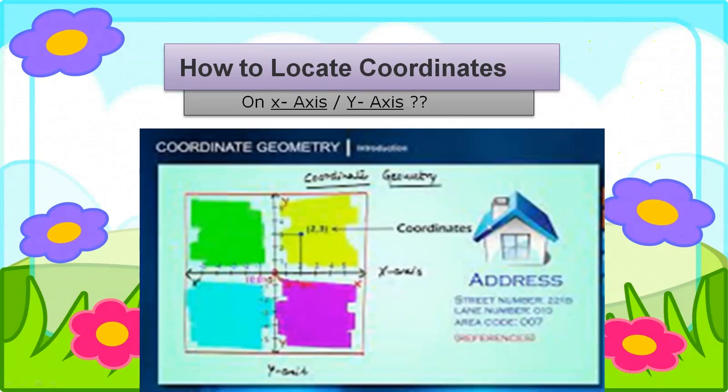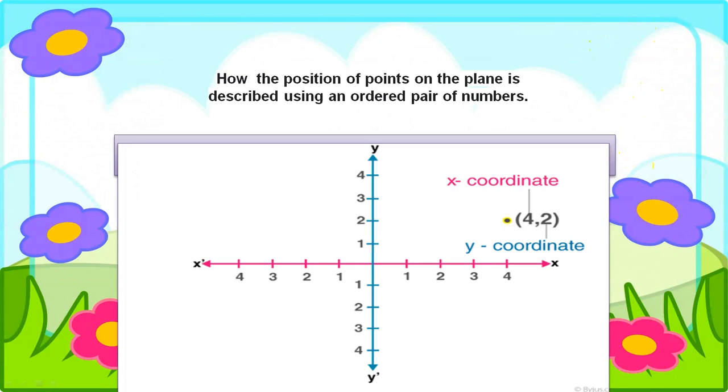Okay, so basically we are doing these in coordinate geometry. Look at over here how the position of the points on the plane is described using an ordered pair of numbers. Yes, so you must remember it. The first number is always for your x coordinate, and the second number, like 2 here, is for the y coordinate.